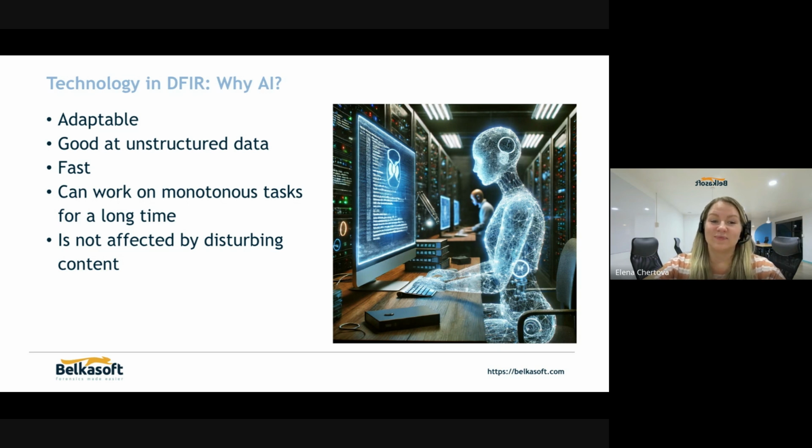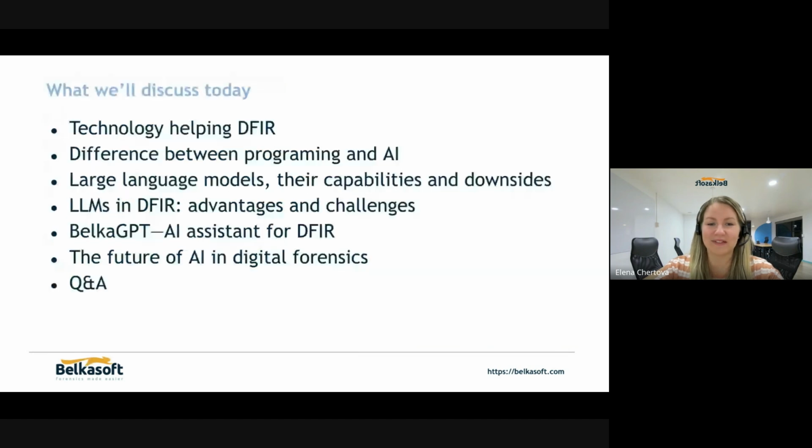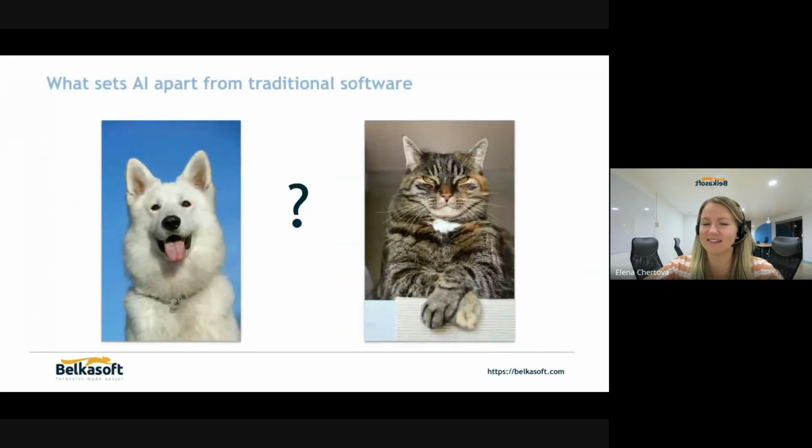And still, the main difference between AI and this traditional software that we have now is that AI is based on training, not on rigid programming.